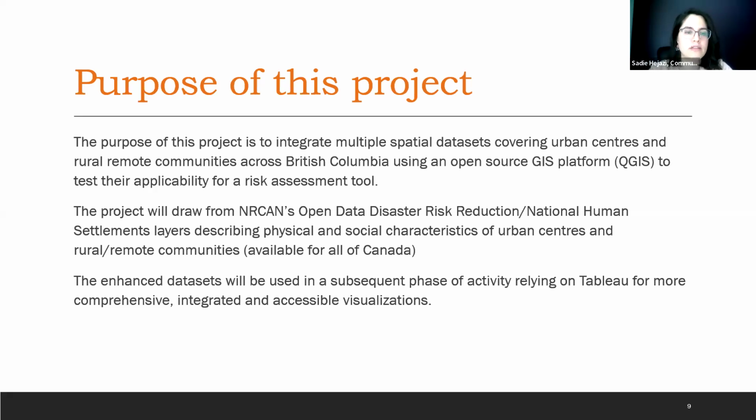And we use NRCan's open data on disaster risk reduction, the natural human settlements layers. I put the link in our presentation slide as well. They describe physical and social characteristics of urban centers and rural, remote communities.